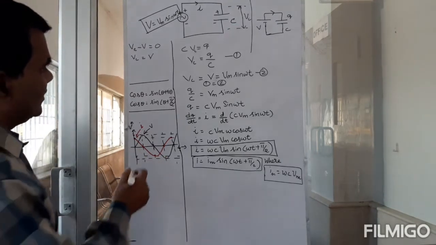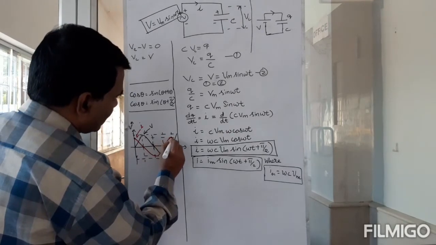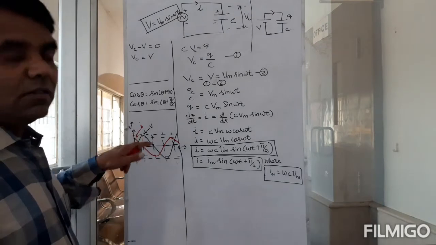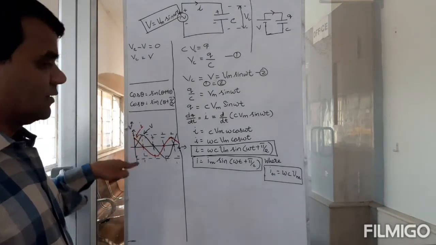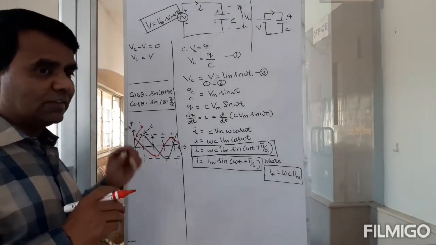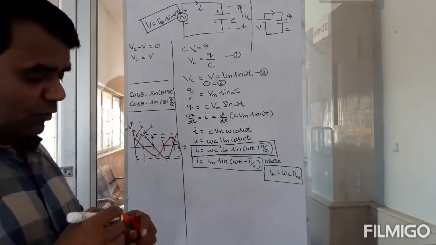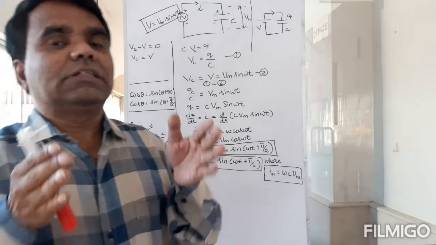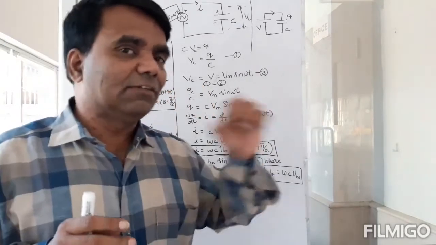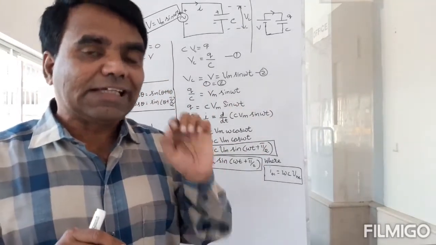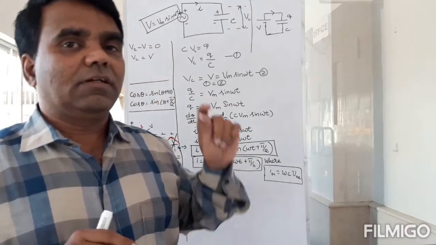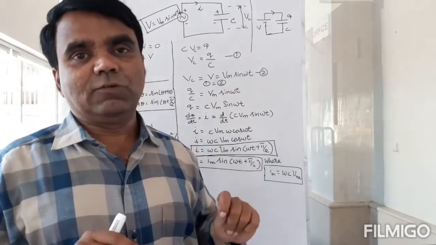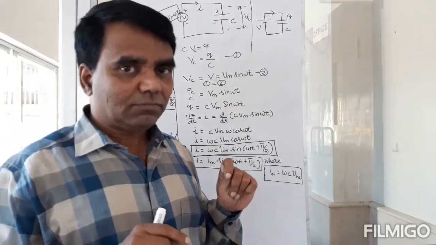So you can say that the voltage is lagging the current, or the current is leading the voltage. So in the case of an inductor, current was lagging the voltage. In the case of a capacitor, the current is leading the voltage. Okay?